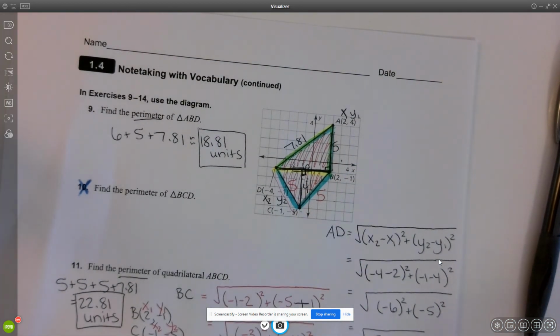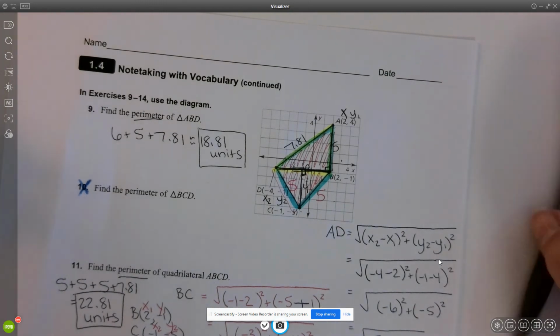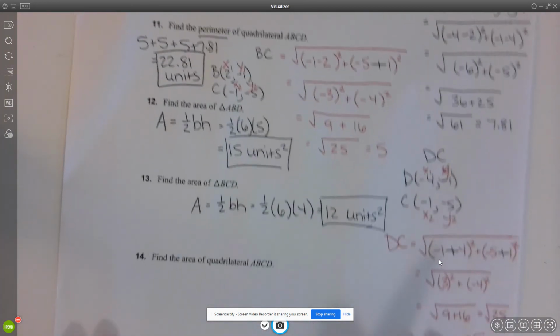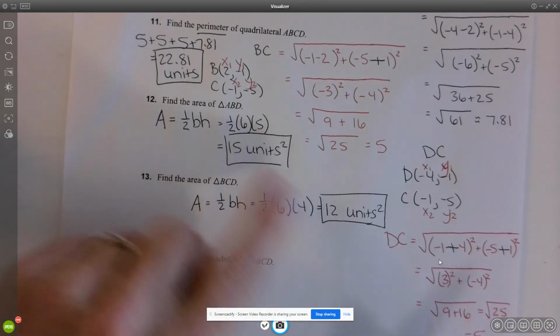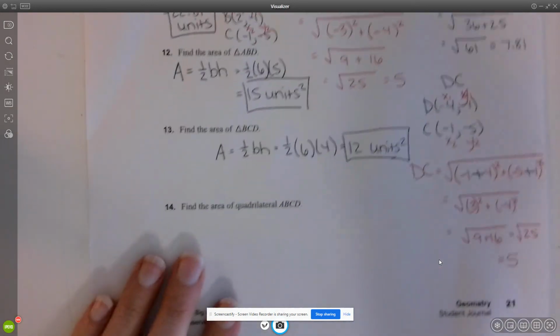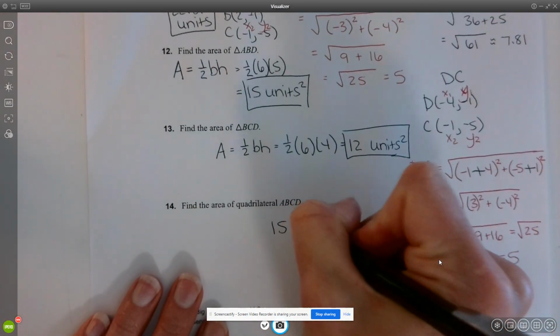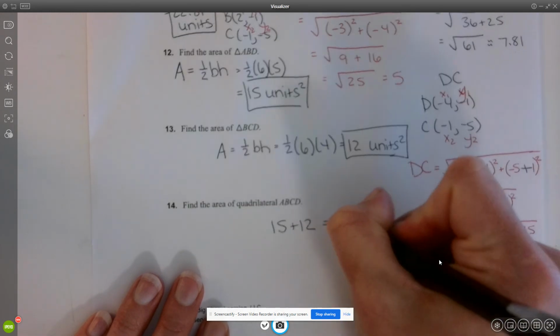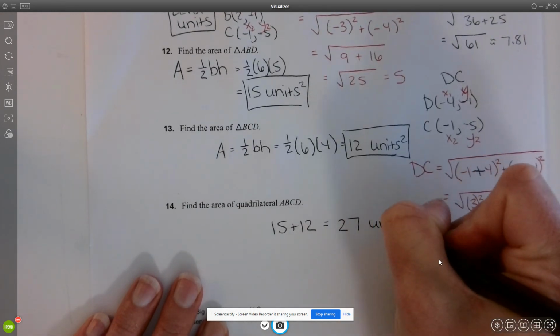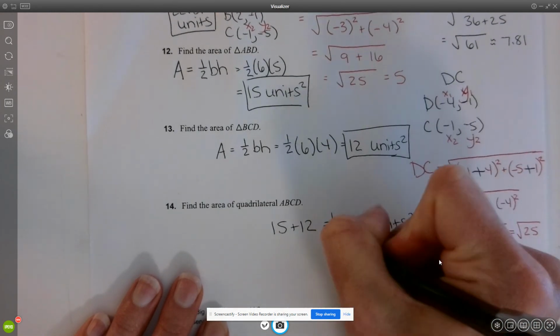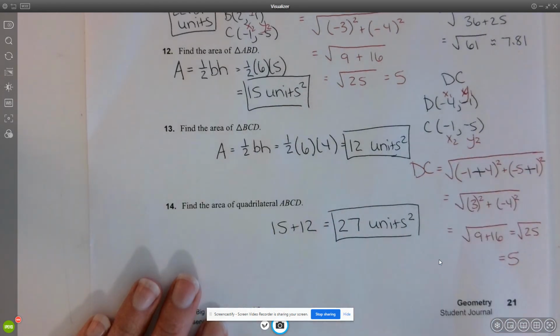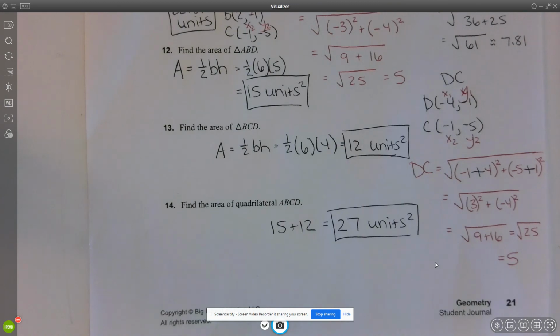So to find the area of quadrilateral ABCD, we just need to take the area of the two triangles and add them together. So the area of quadrilateral ABCD is 27 square units.